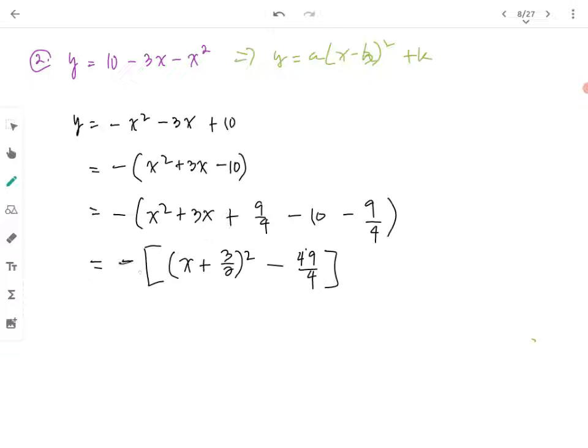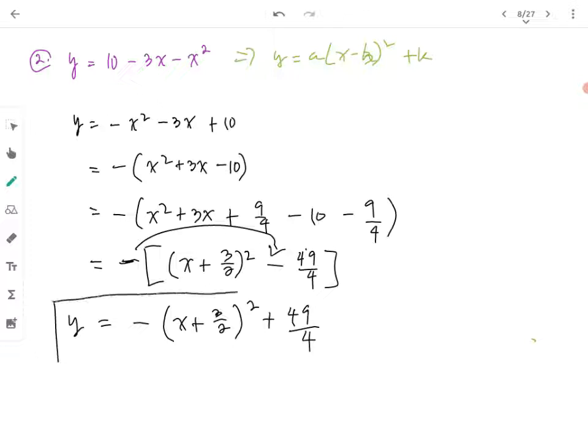Distributing the value of a, we have negative (x plus 3 over 2) square, and then plus 49 over 4. Oh, it becomes positive because when you multiply that here, that becomes positive. Okay, we are now ready.